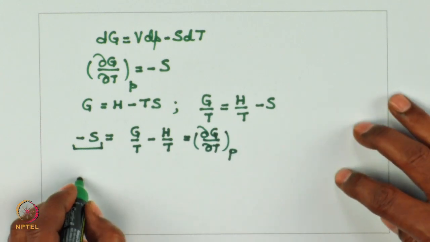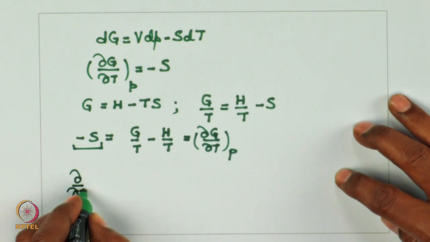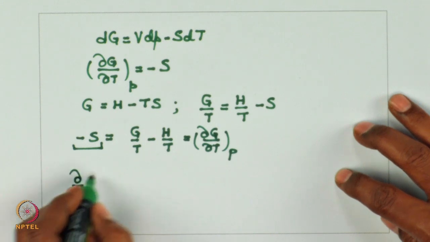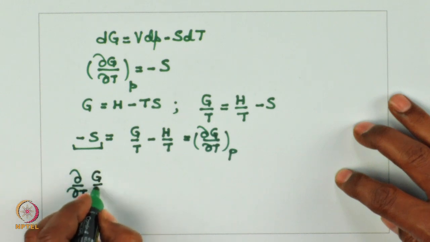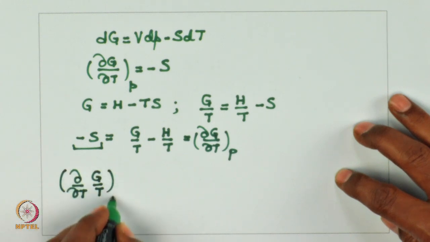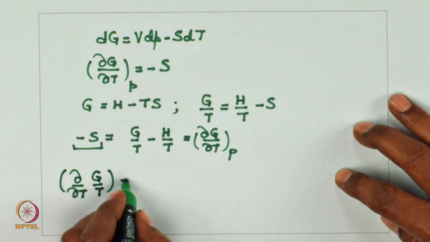Now, let me consider dou T of G by T, because this is what I am interested in. So, let us differentiate this.